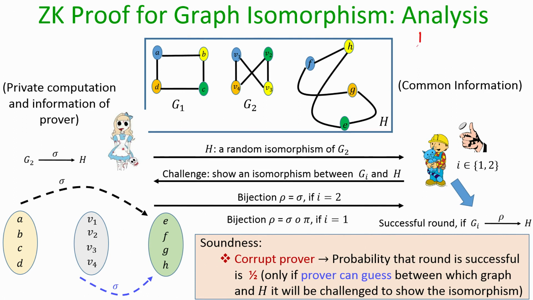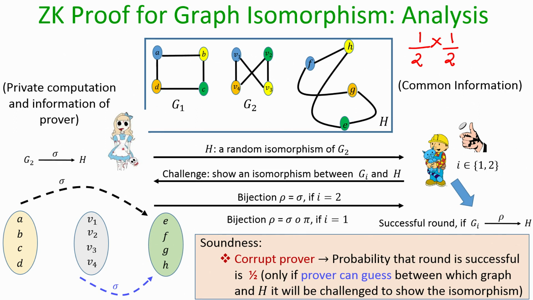The probability that she is successful in the first round is 1 over 2. The probability that she is successful in the second round is also 1 over 2, and remember the probability of succeeding in the second round is independent of the first round, because in the second round also the challenge of Bob will be independent of the challenges that Bob has picked in the first round.